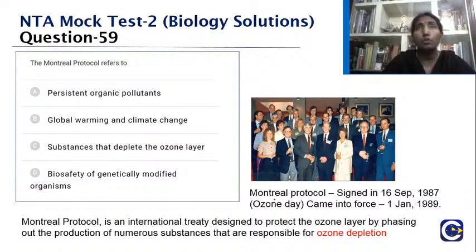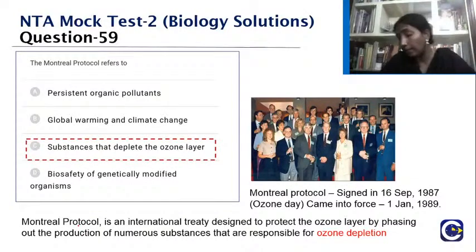They want to put a full stop to substances that deplete ozone because they want to save the stratosphere, where we have the ozone layer. Awareness and stoppage of the use of ozone depleting substances was the main agenda behind the Montreal Protocol. So the answer is the substances that deplete the ozone layer.